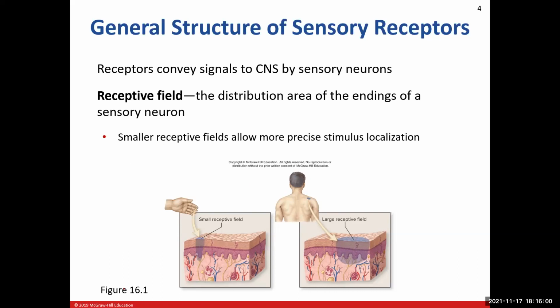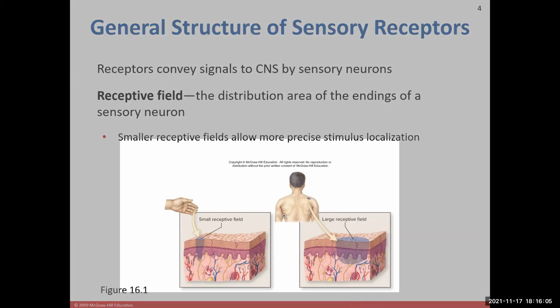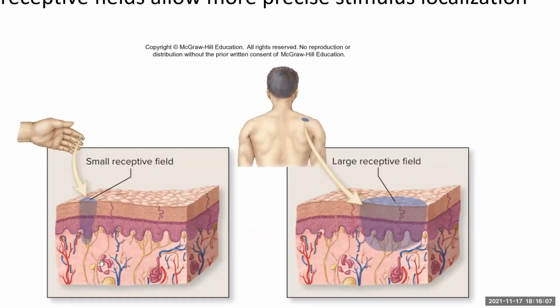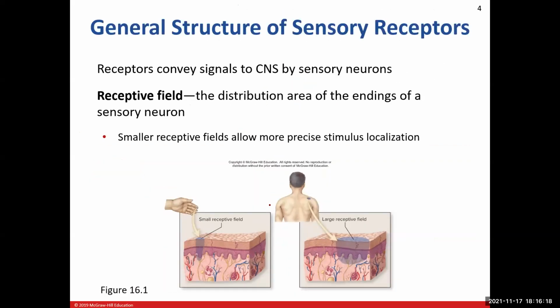So if we zoom in on this picture down here at the bottom, you can see what I'm talking about. Here you can see you have your sensory neuron, and it has these little processes at the end. What happens is those processes will collect that sensory information.